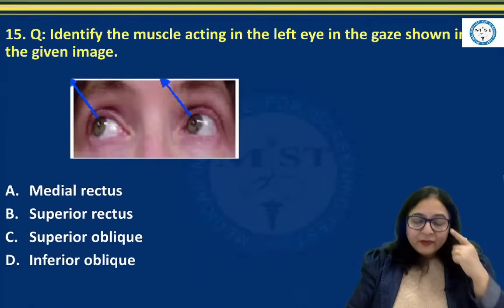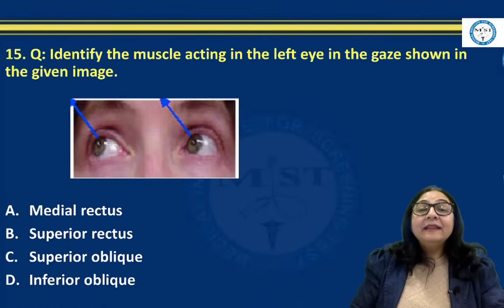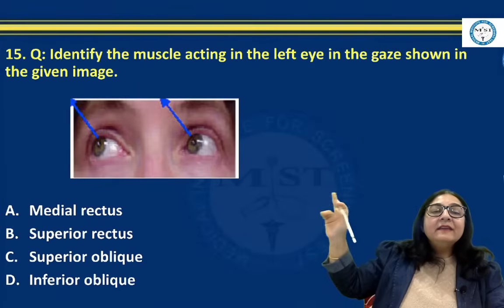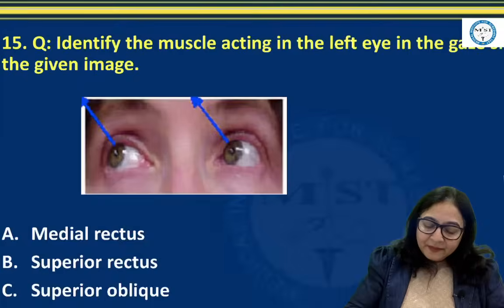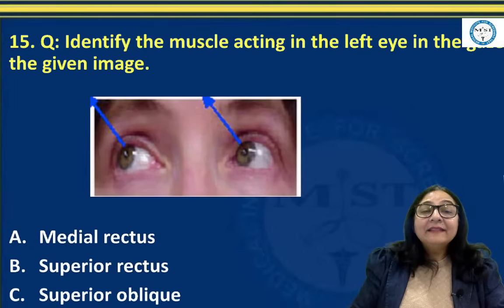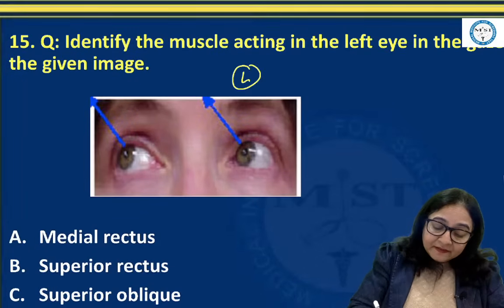Moving on to the next question. Identify the muscle acting in the left eye in the gaze shown in the given image. So tell me the muscle which is acting in the left eye of this patient. This is the left eye, this is the right eye.